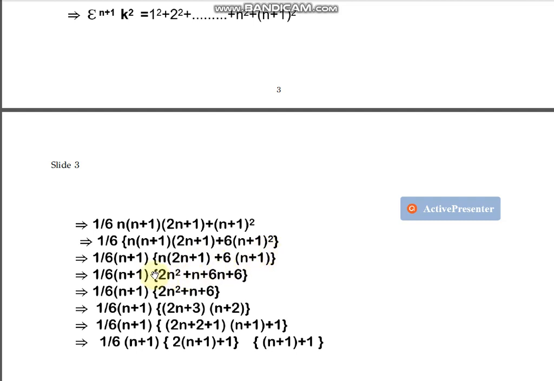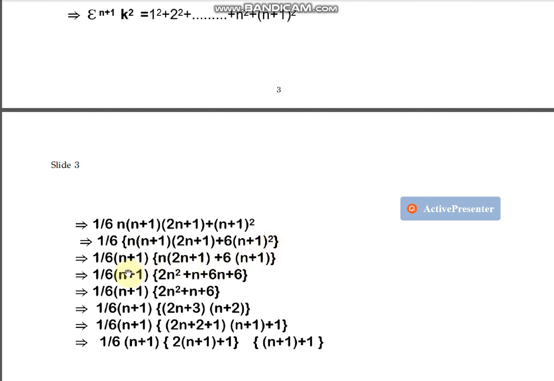Now why did we bring out n plus 1? It is because it is common. When you bring n plus 1 out from this larger bracket, because this one is n plus 1 squared, we remain with n plus 1, thus eliminating the square.